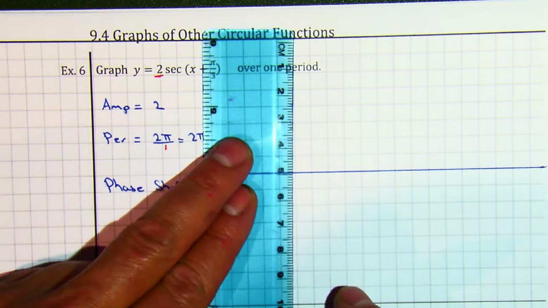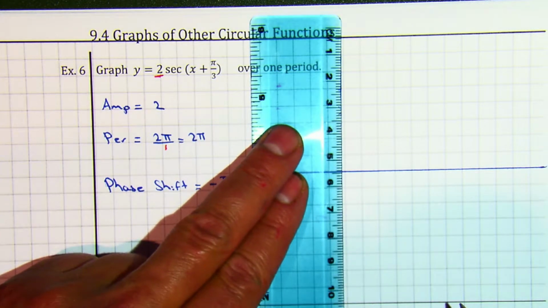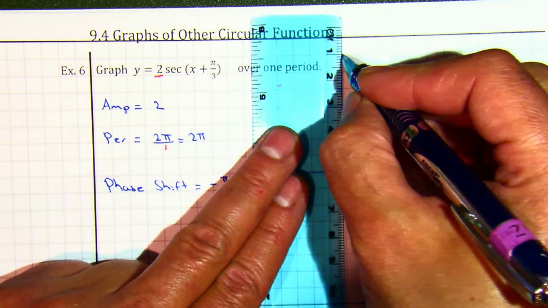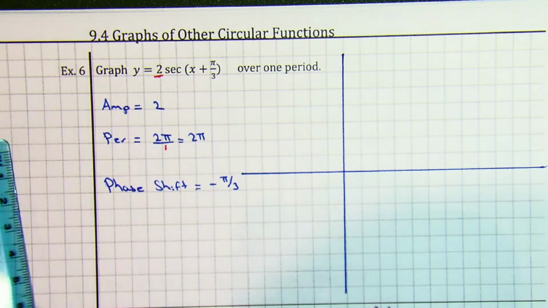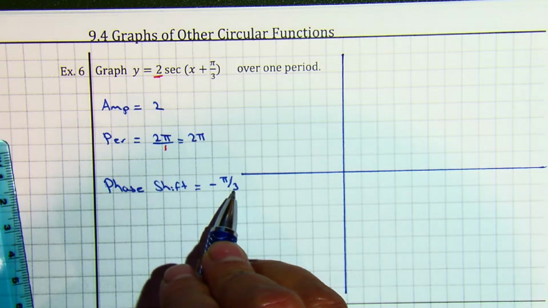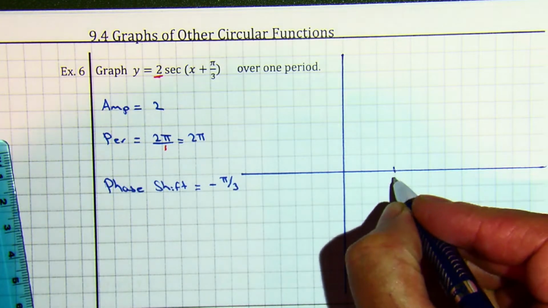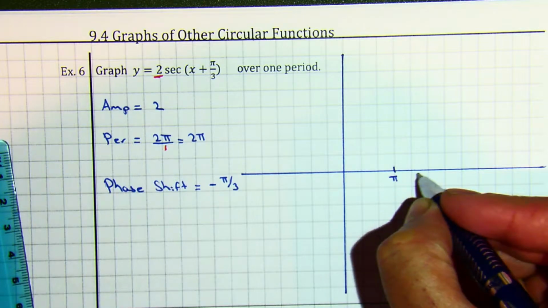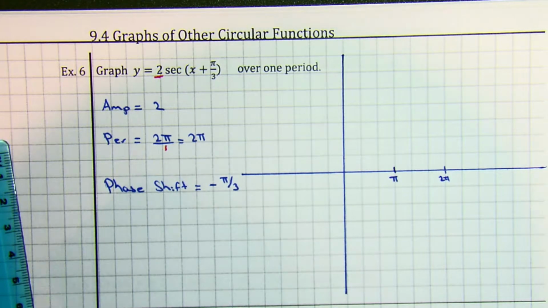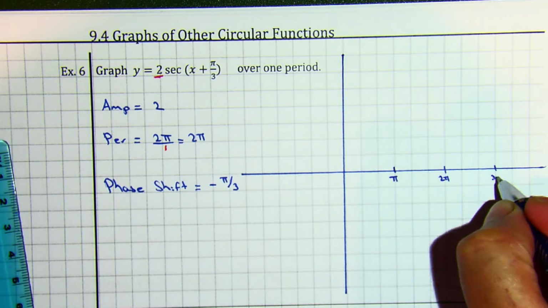I just need 1 block. And my period is 2 pi, so I should have enough by doing it. Once again, because of this 3, I need to make 1, 2, 3 will be pi. It will make your life much easier if you do so. 1, 2, 3 will be 2 pi. 1, 2, 3 will be 3 pi.